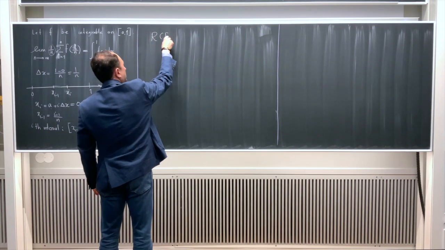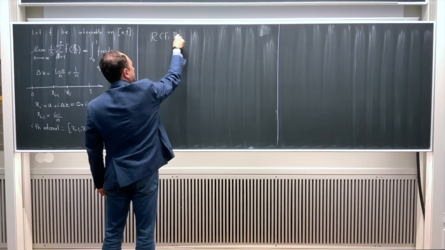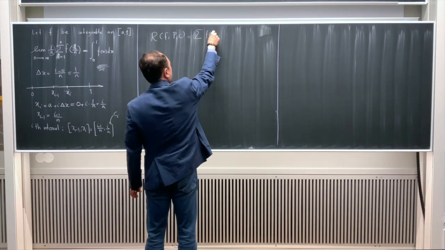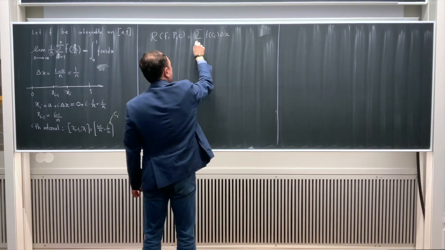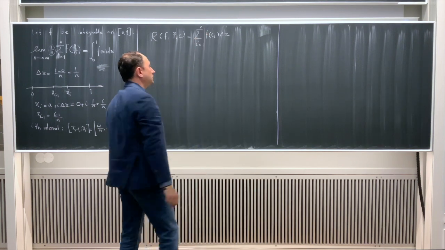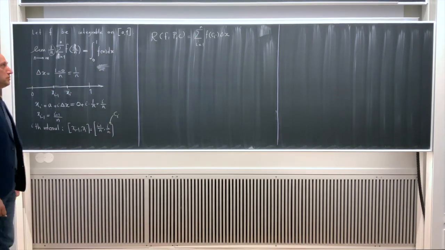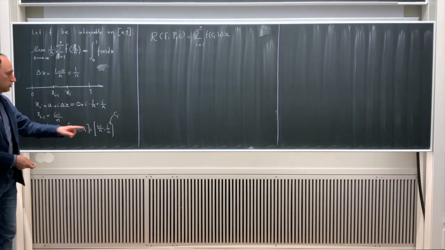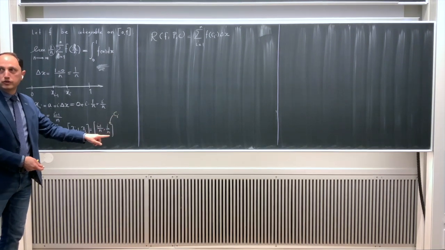The Riemann sum of f, P, and c, by definition, is the sum of f of c_i delta x, i goes from 1 to n. Do you agree? That is the definition of my Riemann sum. But now I decided to choose tags to be the final points.